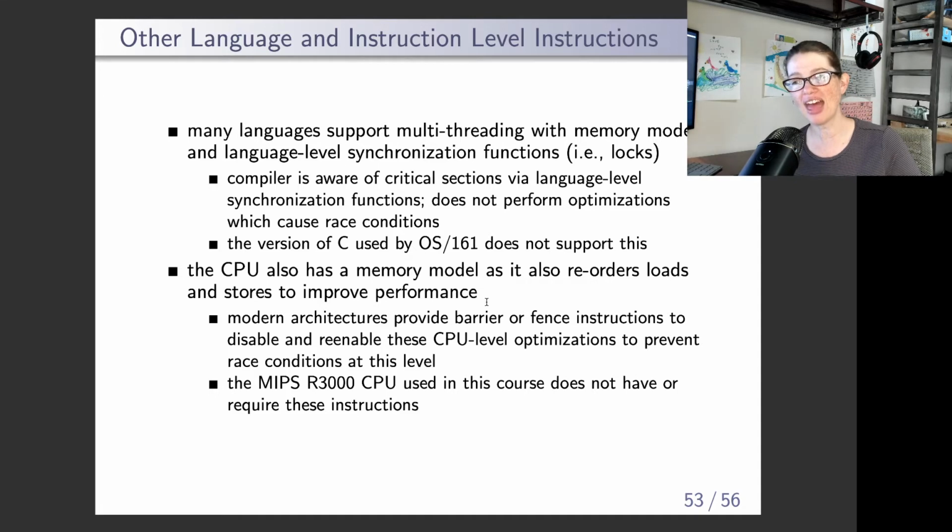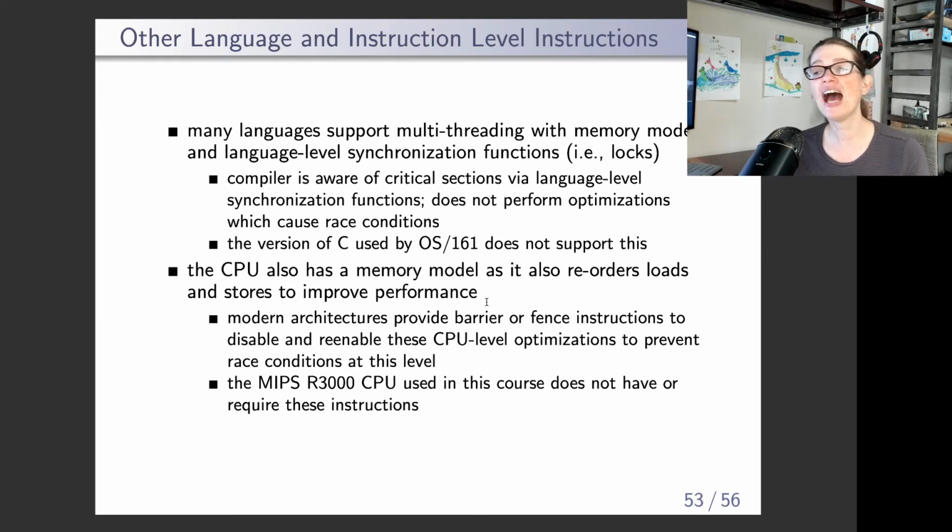And the reason why they have this language level support for multi-threading and synchronization is because they wanted to make sure that the compiler was aware of critical sections when it was compiling and optimizing your code, so that it can make sure not to reorder instructions within things like a function that could be run by multiple threads at the same time.